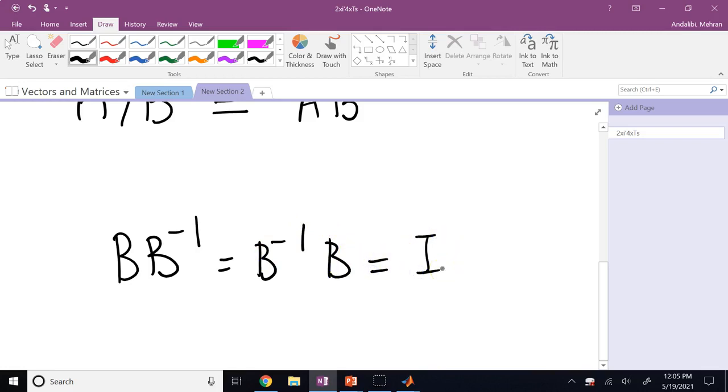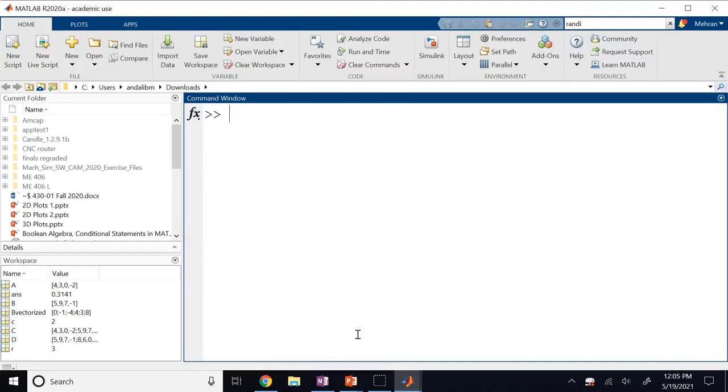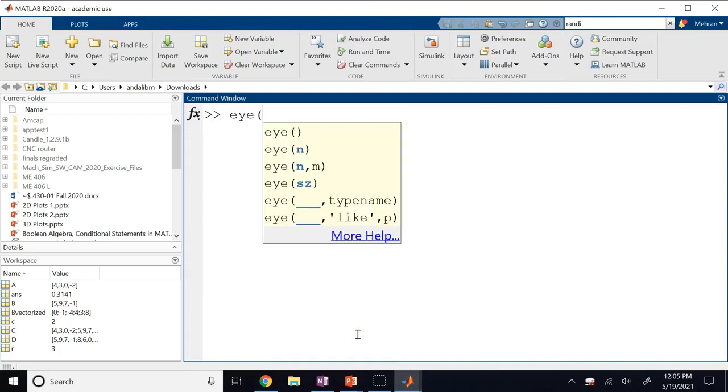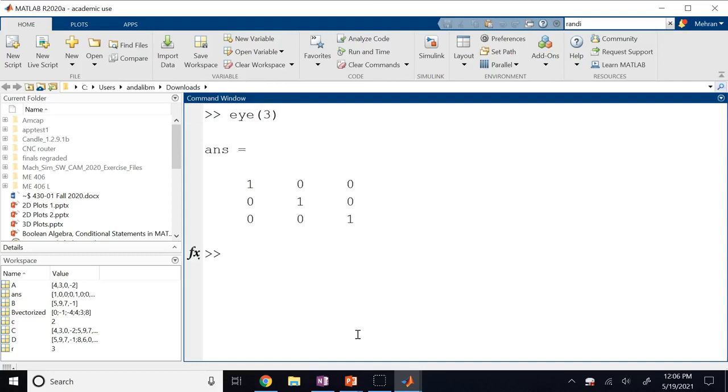I. By the way, let's talk about I very fast. So I, or identity, there is a command in Matlab for it, it's called I. Let's say I want a 3 by 3 identity matrix. So I can say 3 by 3, or I can say simply 3. And it gives me an identity matrix. What is an identity matrix? It's a matrix that has 1 on the diagonal, and everywhere else it is 0, okay?